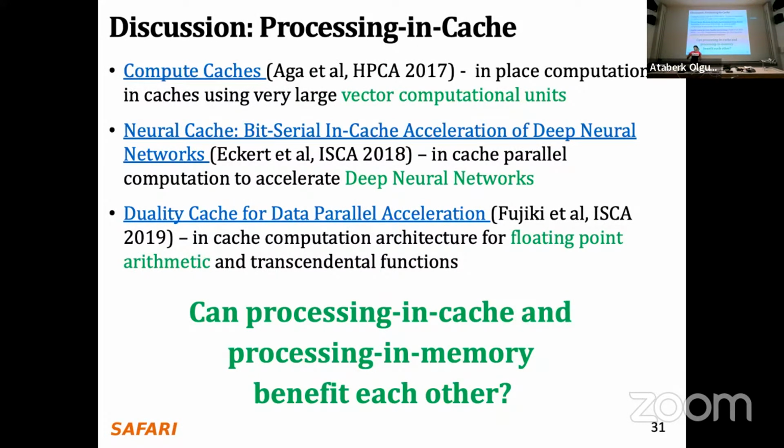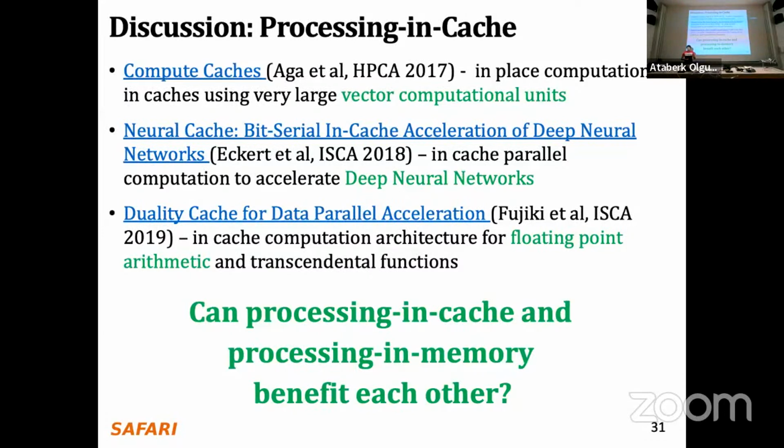I believe that one way to start is looking at where data movement happens a lot. For example, with bulk data, like gigabytes-large database tables. In that case, I believe processing in memory would help more, because if you performed those operations in cache, you would still need to move these gigabytes of data back and forth from cache.